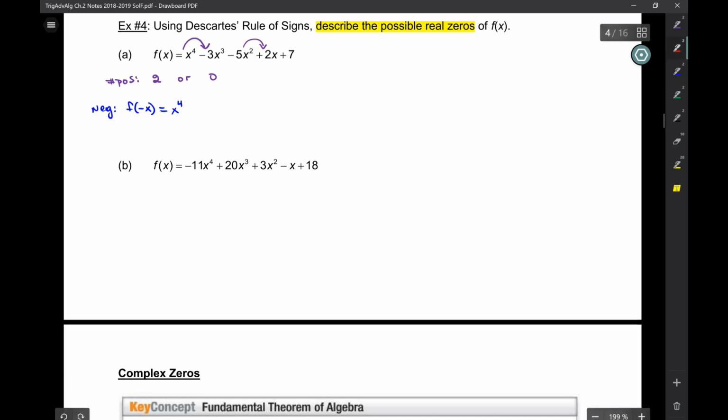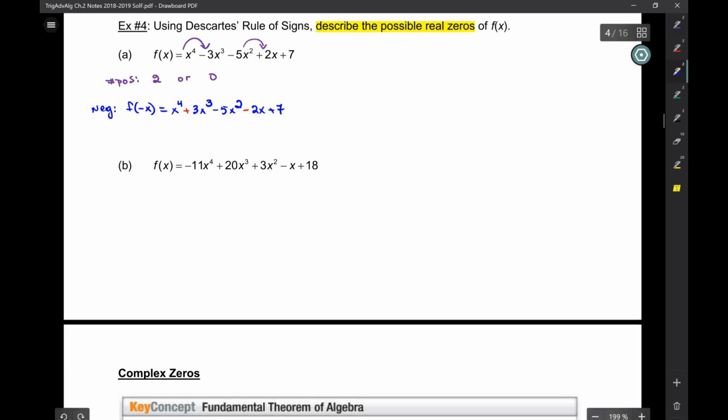So negative 3 becomes positive 3x cubed. x squared is even, stays. What happens to the positive 2 here? It becomes negative 2 plus 7. So basically, whichever has an odd exponent, make it from positive to negative and vice versa.